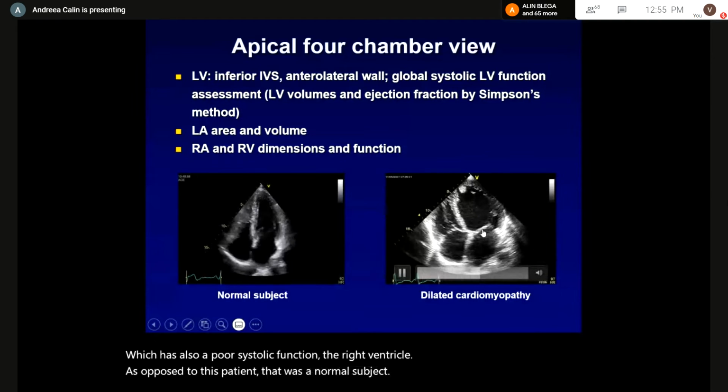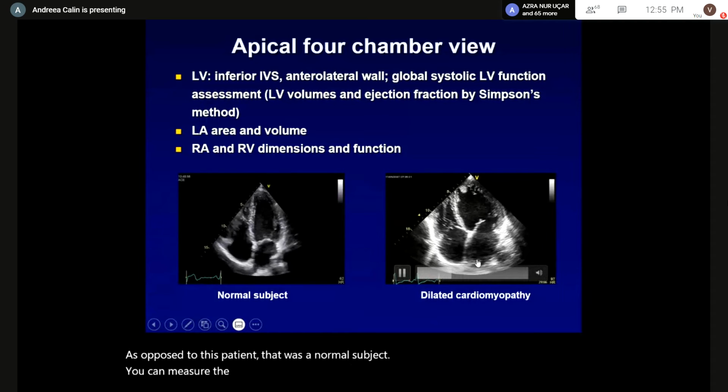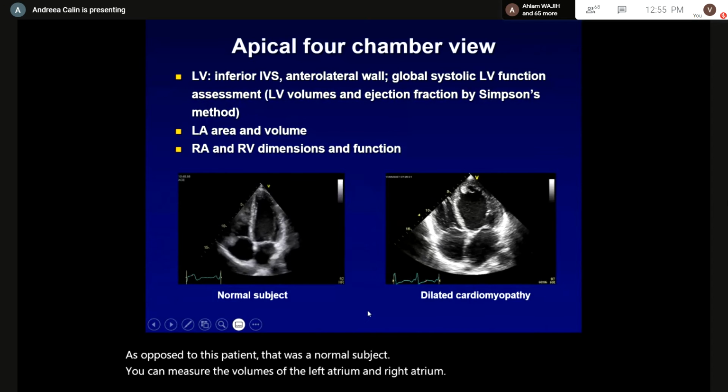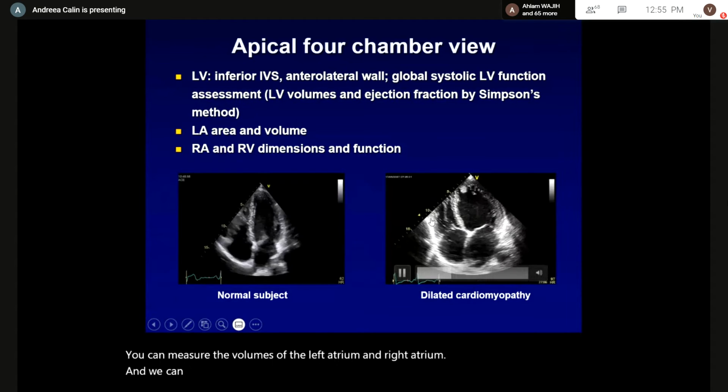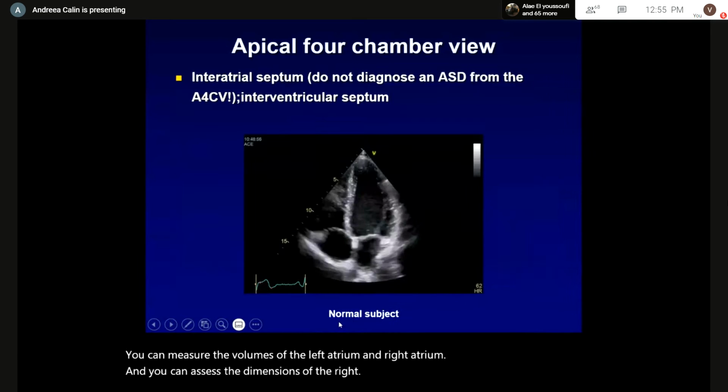You can measure the volumes of the left atrium and right atrium, and you can assess the dimensions of the right heart chambers.